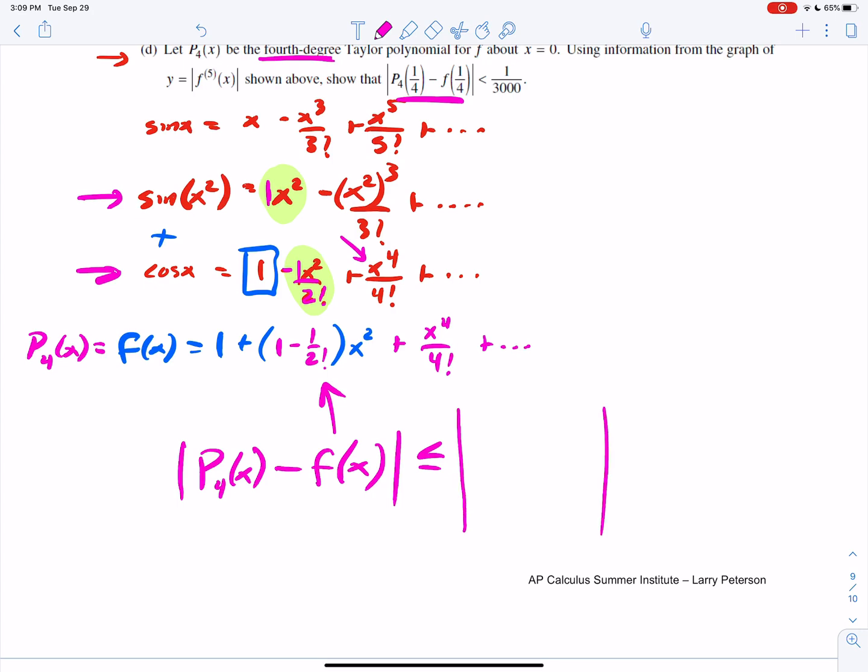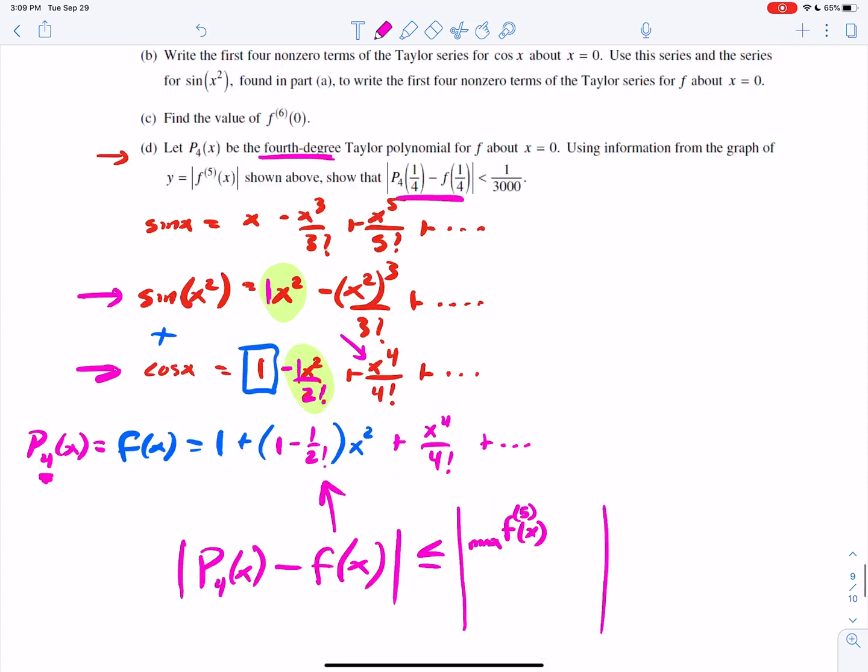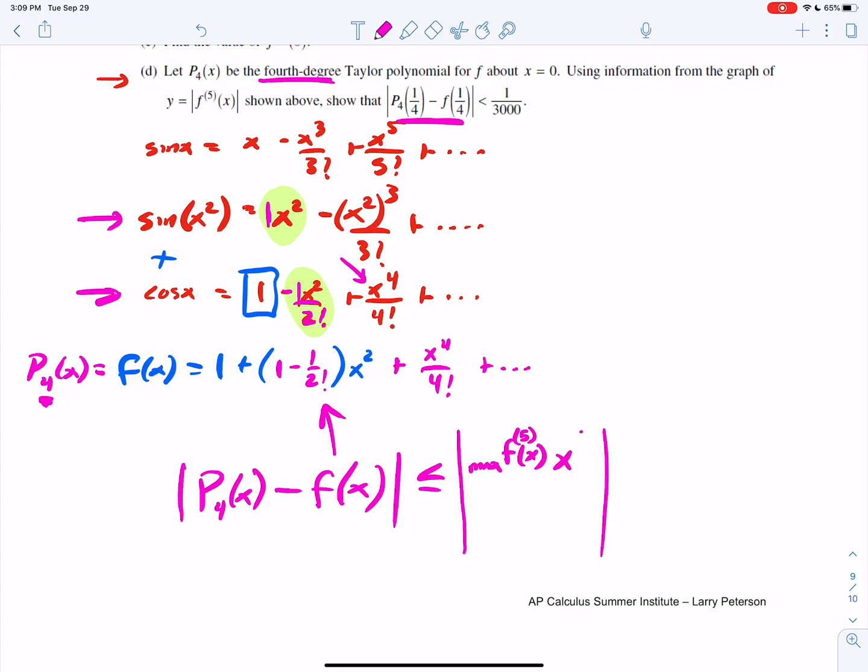Okay, now if it's the 4th degree, the next unused term is going to be the 5th degree. That's going to be the maximum of our 5th derivative to the 5th power over the 5th factorial. And we're going to evaluate this, kind of sneaky, at 1.4.